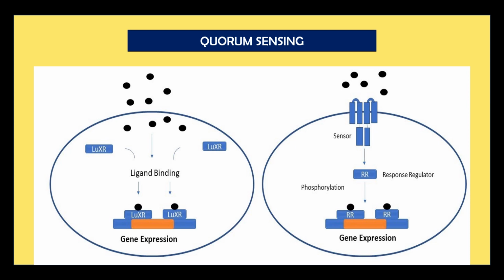In general, gram-negative bacteria use N-acyl L-homoserine lactones, that is AHLs, as autoinducers, and gram-positive bacteria use oligopeptides to communicate. So, the first incidence of this phenomenon came to light with the discovery of luminescence produced by the marine bacterium Vibrio fischeri.